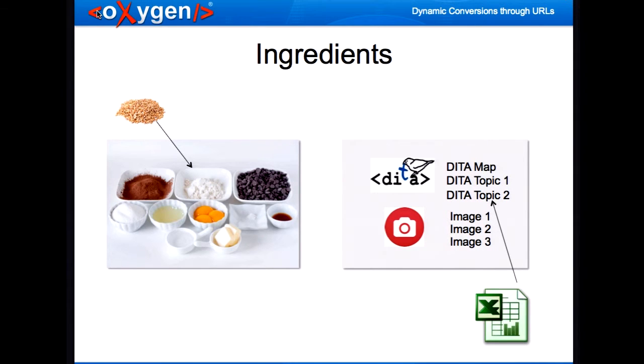Because that's not a ready-to-use ingredient for your cooking session. And the same is true if you have an Excel file rather than a DITA topic containing the information, right? That's not ready to use. It's not something ready to use in the publishing workflow.